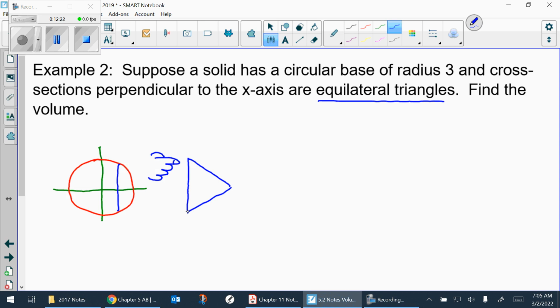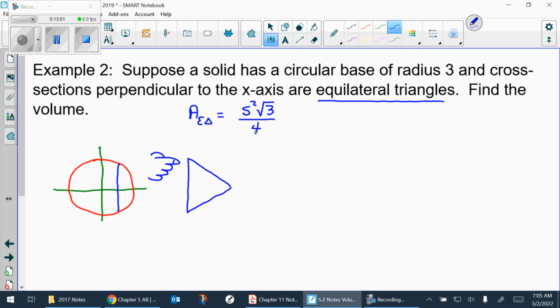Now, you might be wondering, how do I find the area of an equilateral triangle? And that involves knowledge of 30, 60, 90 triangles, which you had back in geometry. And what we could prove, and I'm just going to give it to you, is that the area of an equilateral triangle is equal to the side squared times the square root of 3 divided by 4.